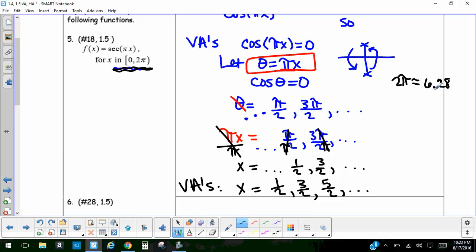You've passed 6.28. 13/2 is 6.5, which is already too big. So I need to go just up until I would hit 13/2 and stay underneath it. So I would stop at 11/2. 1, 3, 5, 7, 9, 11/2. Oops, that kind of ran into my dot, dot, dots.